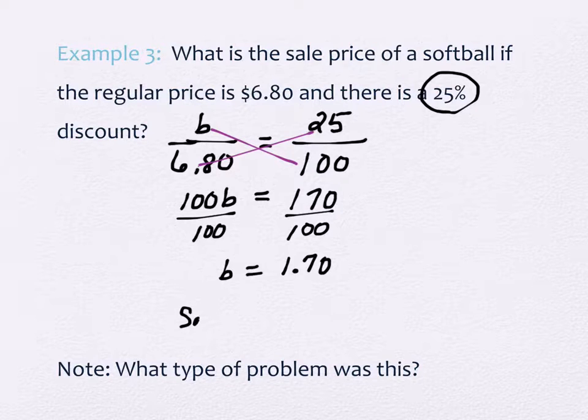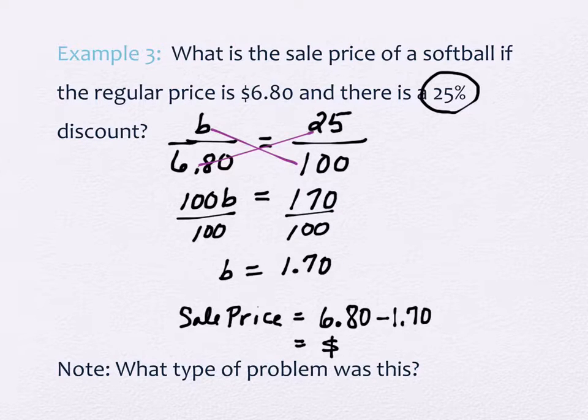So my sale price is 680, wasn't it? Minus 170 for a total of what? 510. And please make sure you put your dollar sign on there and so forth, okay?